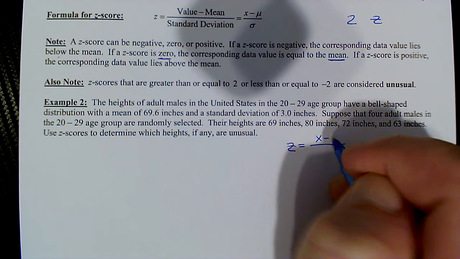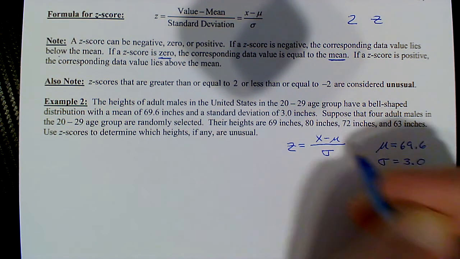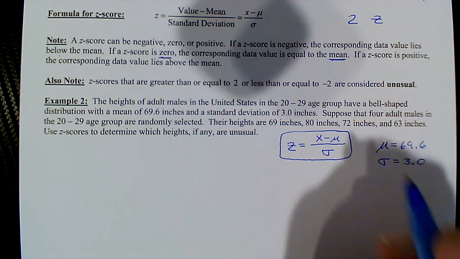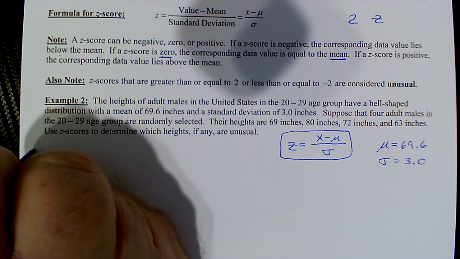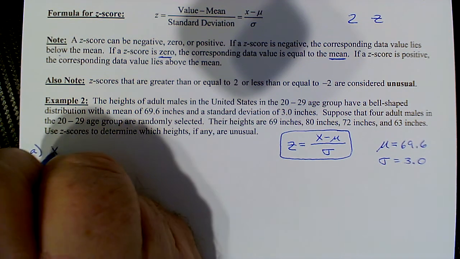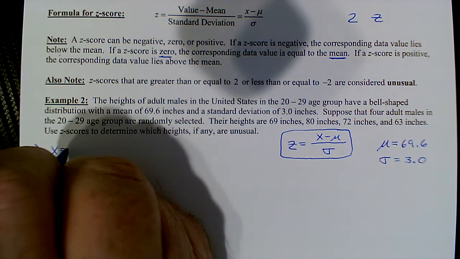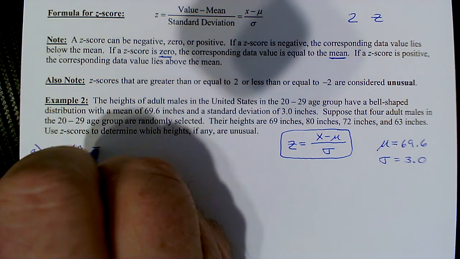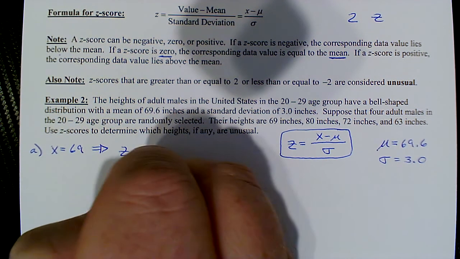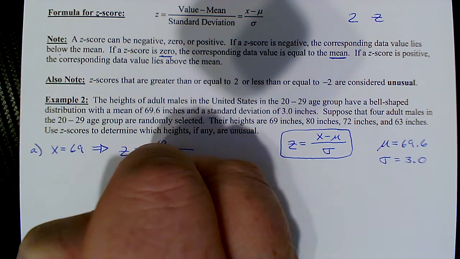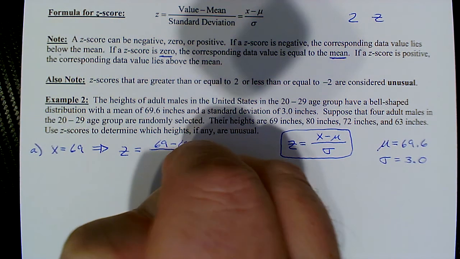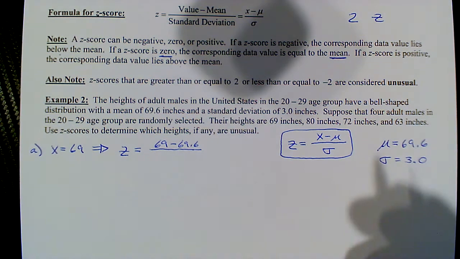And we have 4 parts. So let me label them. Part A, for the data value x equals 69. Then we have that z is 69 minus 69.6, which is mu, over sigma 3.0, and that gives us negative 0.2.